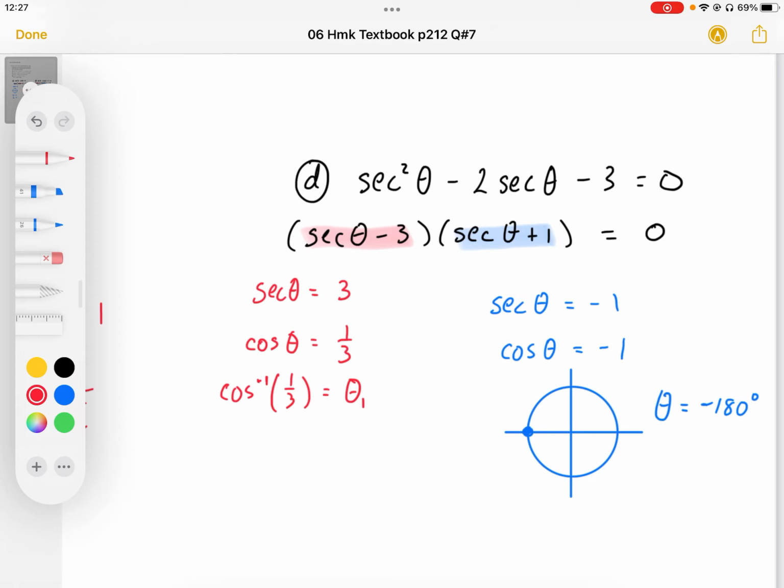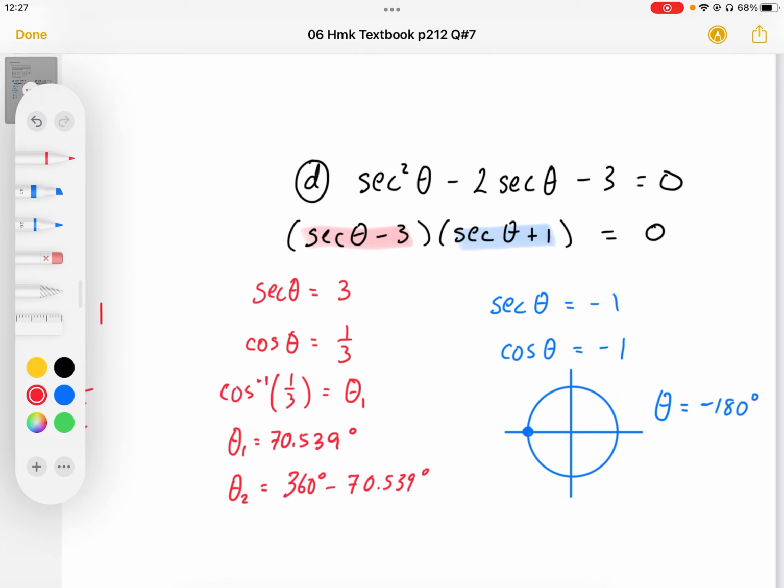So that's going to give me theta 1 is 70.53, it says 3 decimals, so 70.539 degrees. Okay, theta 2 is going to be symmetrical. It's going to be 360 minus 70.539 degrees.